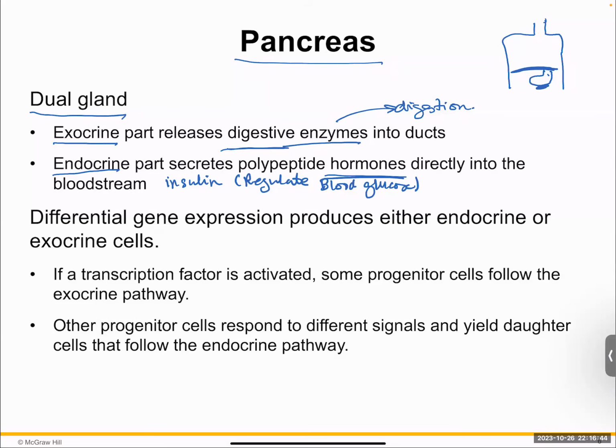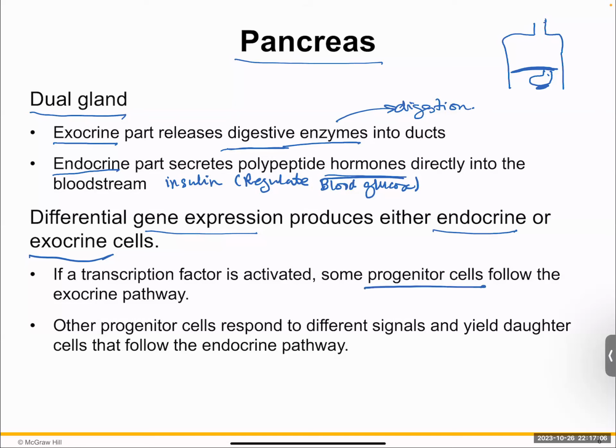Now, when we're talking about gene expression, again, the whole idea of this epigenetic is creating different levels of expression of the genes. So differential gene expression produces either endocrine cells or exocrine cells. So you basically start with the progenitor cells. Those are the ones that haven't differentiated, right?